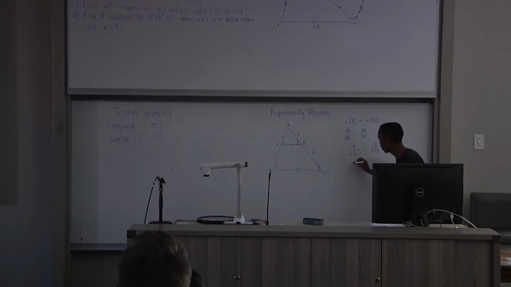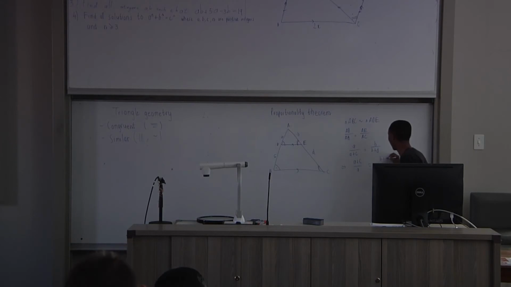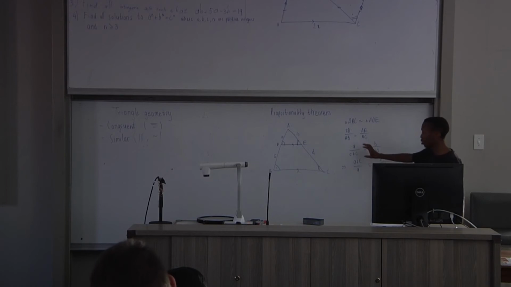So I just say, which implies that A plus C over A is equal to B plus D over B. I'm sure everyone can see what I did here. I just swapped them around, because if they're equal, then the inverses are also equal.